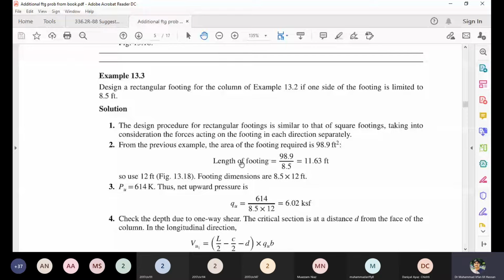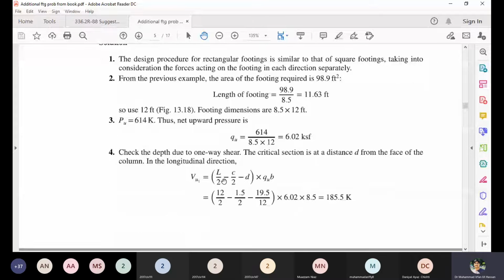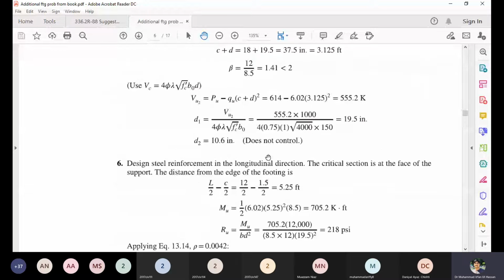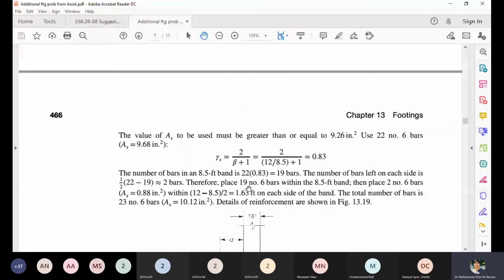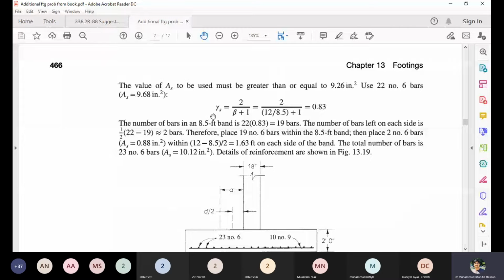That central bandwidth is equal to the width B. How much extra steel is needed in the bandwidth is gamma S into AS. After computing all the steel requirement, you give the larger steel in the central bandwidth. That gamma S value is 83%, so 83% of the steel will be provided in the central band for the rectangular footing.